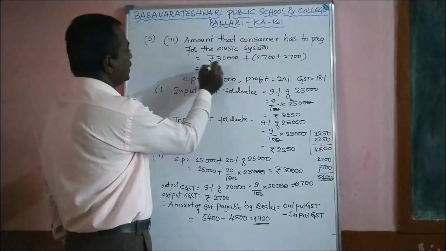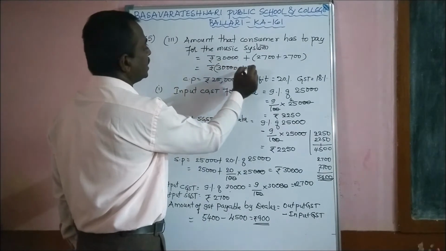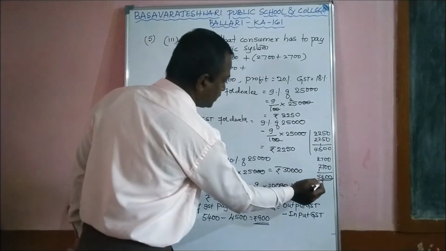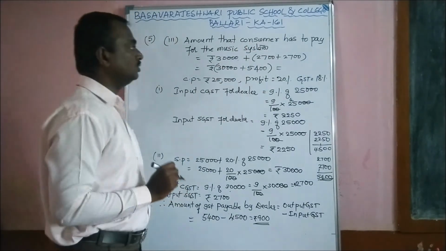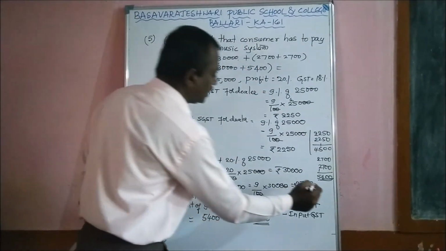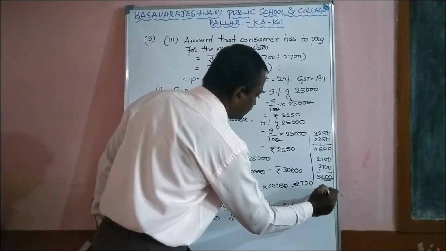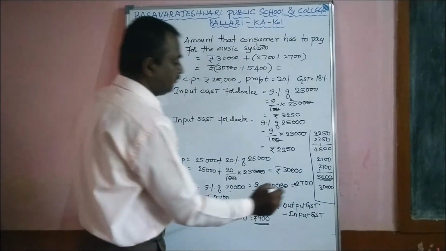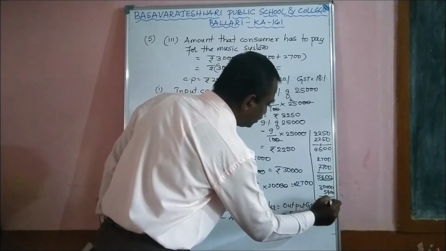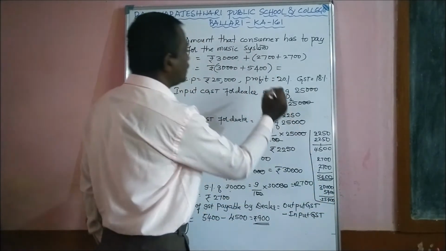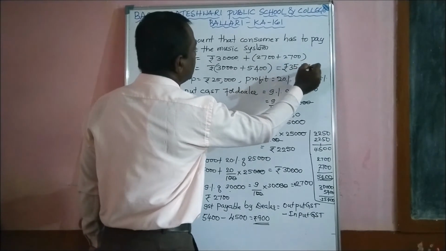So that is rupees 30,000 plus 5,400, which is equal to 35,400.